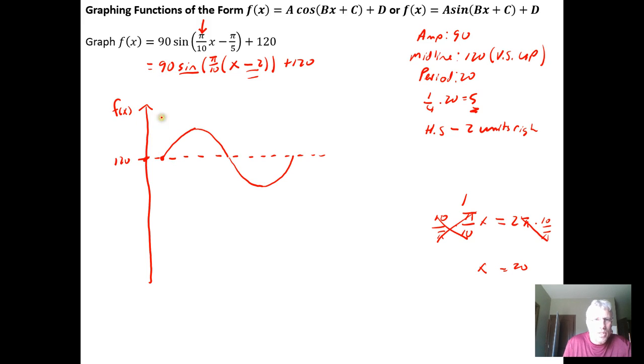The amplitude is 90, so the highest point is going to be 90 units above the midline. So 90 plus 120 is 210. And the trough is going to be 90 units below the midline. So 120 minus 90 is 30. And so if this distance is 90, then the x-axis should be kind of close to the 30.